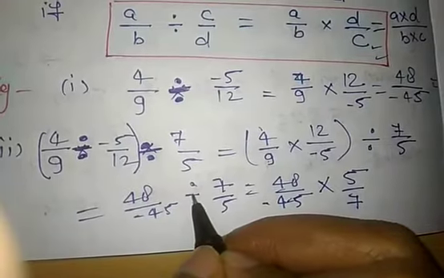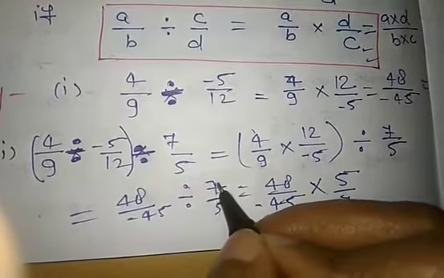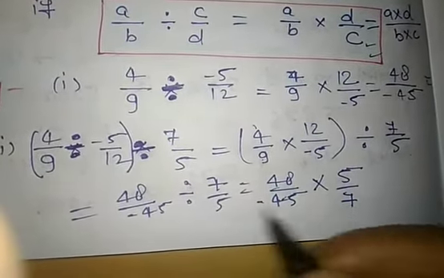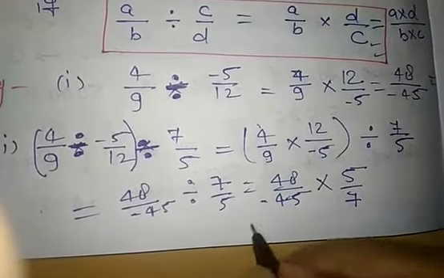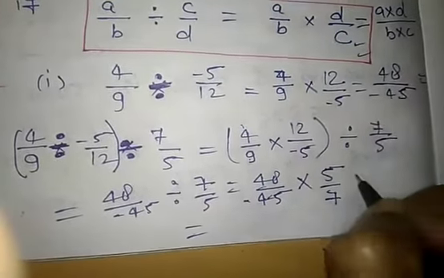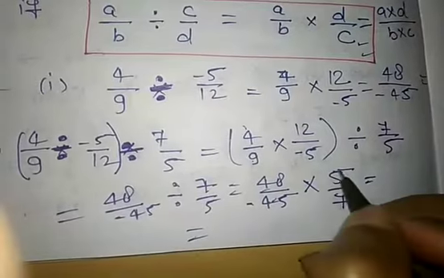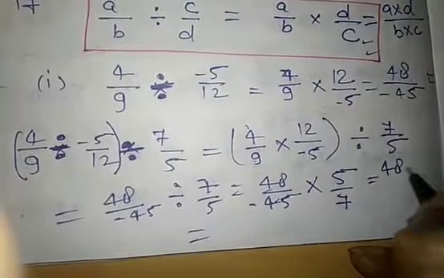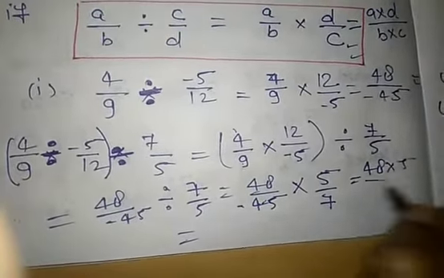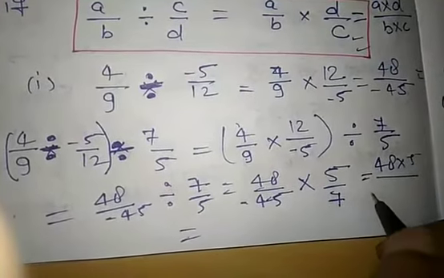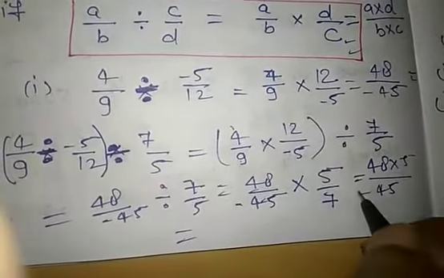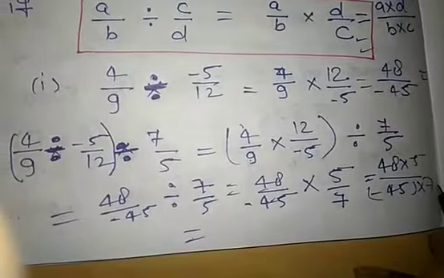When we change the sign of division, the numerator and denominator interchange. So we get first 48 multiplied by 5 and 7 multiplied by minus.